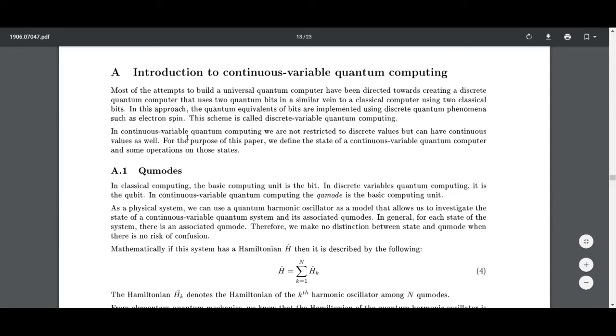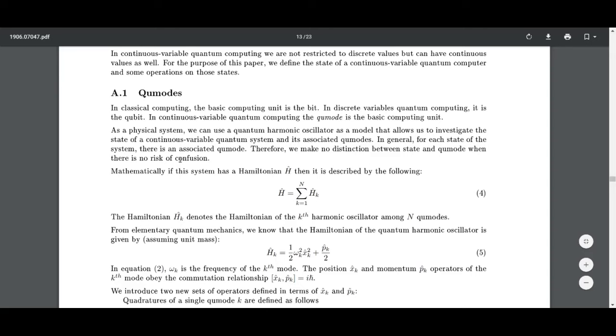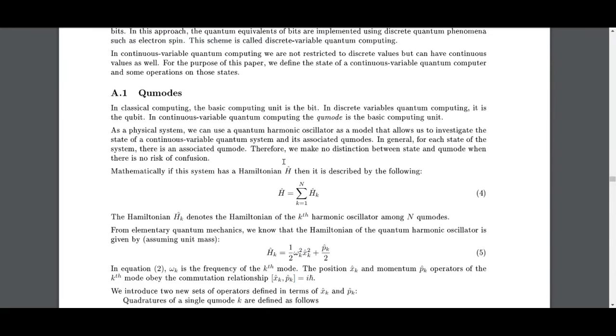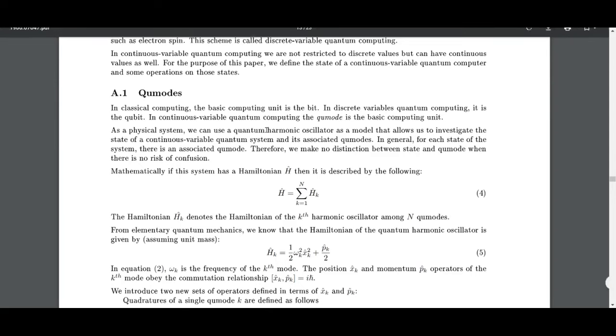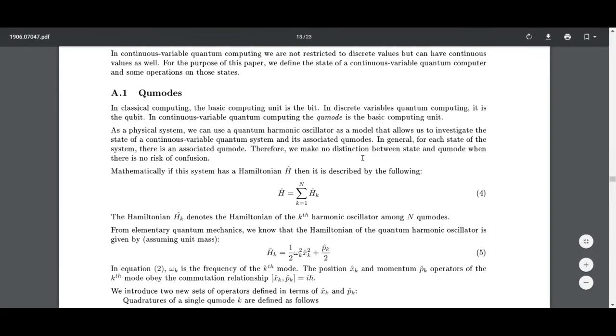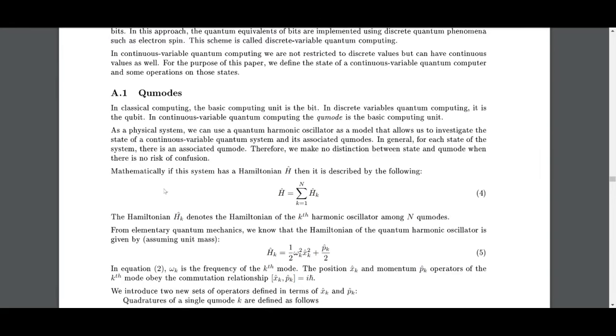In general, for each state of the system, there is an associated Q mode. Therefore, we make no distinction between state and Q mode when there is no risk of confusion.